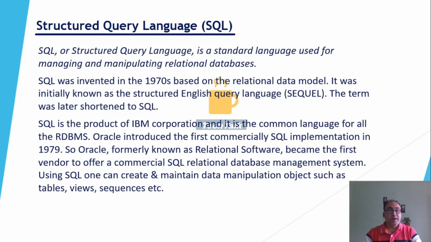Oracle is the first vendor which commercially implemented SQL in the year 1979. Using SQL, one can create and maintain data in a better way. Any sort of data manipulation operation can be performed using SQL. Different sorts of database objects can be created. So in that way, it's quite a powerful language. So that's a brief of SQL.